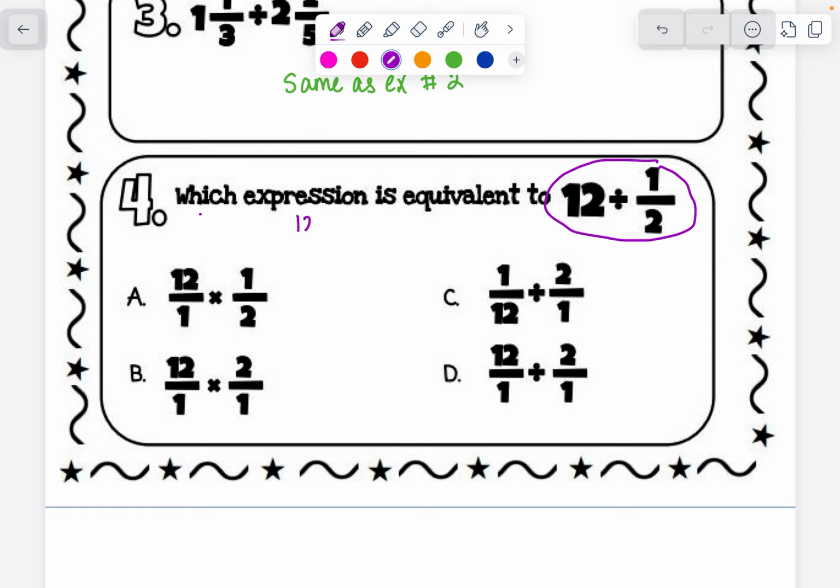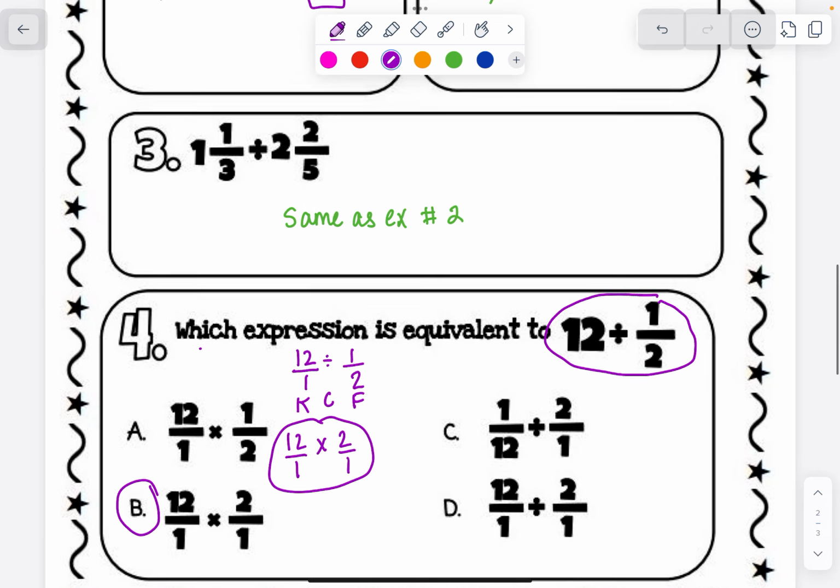You know to put a 12 over 1 divided by 1 over 2. So we're just going to do keep, change, flip. I keep 12 over 1. Division changes to multiplication, and I'm flipping. So which one matches that? The only one that matches what we did is B. Without even having to solve it, we knew that our answer was B.